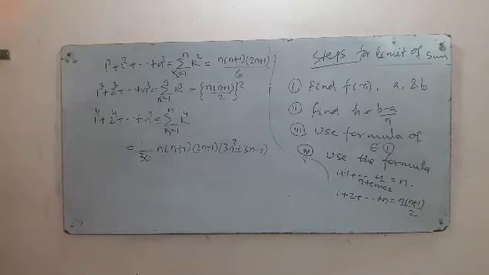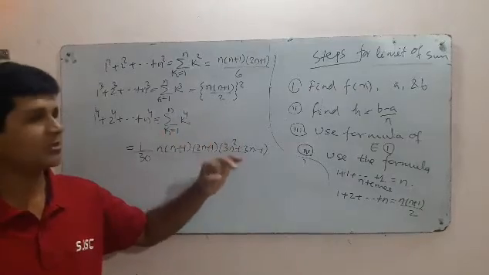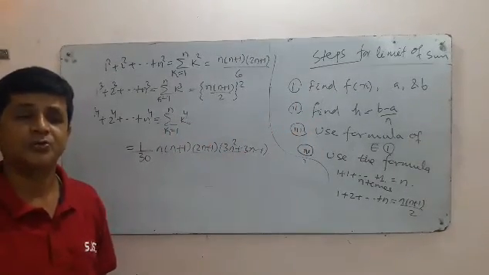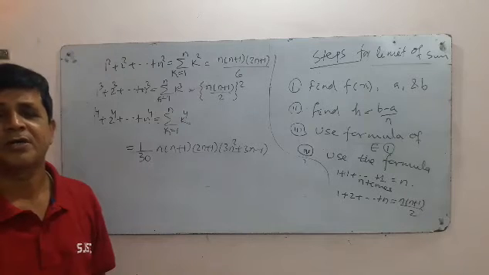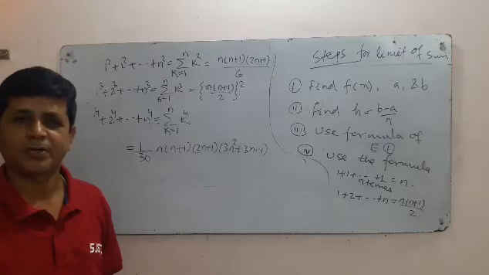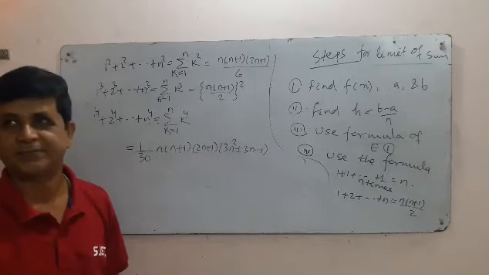Use this formula. After using this formula, you simplify it, put in the last equation the value of h, and after simplification you use the formula used for evaluation of limit. The formula required for limit evaluation, use it at the last, then the final answer will come.